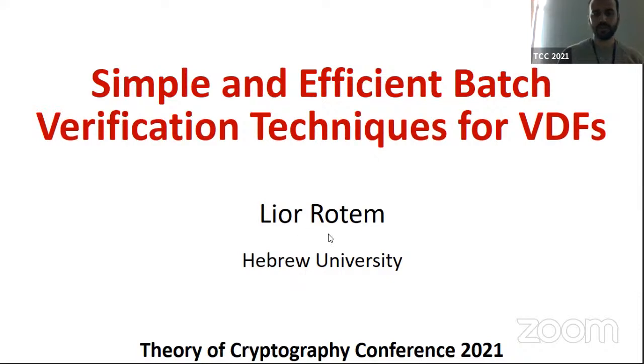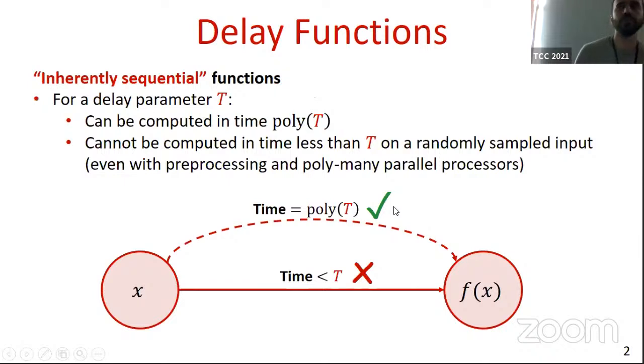So before we talk about verifiability, let's define delay functions. Roughly speaking, a delay function is a function which is efficiently computable, but only in a manner which is inherently sequential. One way to formalize this is by introducing an additional delay parameter t.